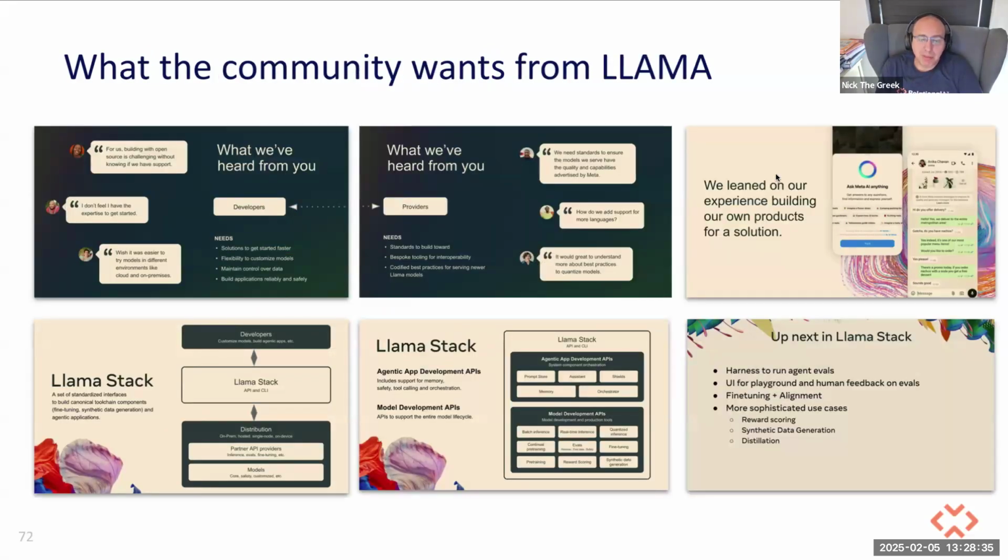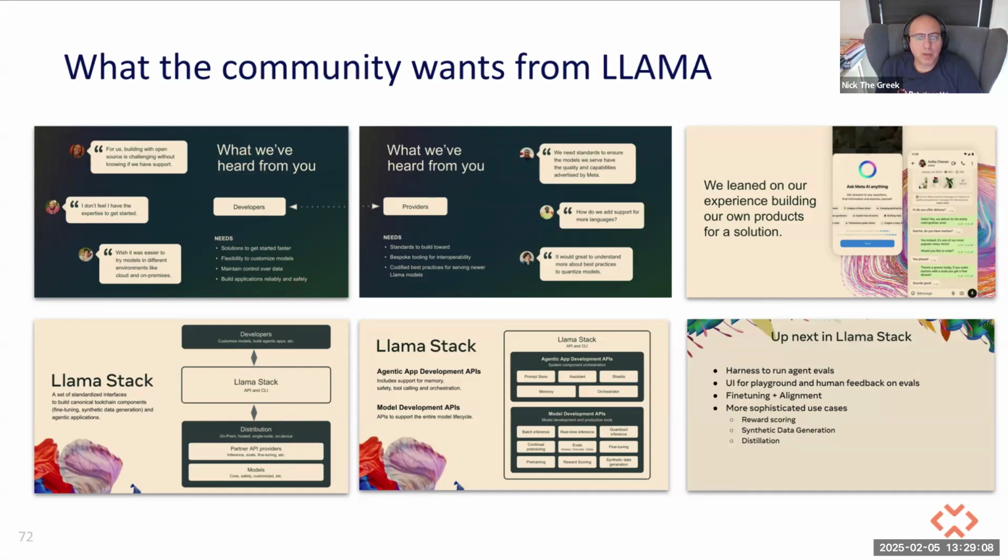And something that I really appreciated is that they basically tell you what they heard from the customers and basically the developers. And they said solutions to get started faster, flexibility to customize models, maintain control over data, build applications reliably and safely. And these are the providers, probably the people who offer Llama, I don't know, like Snowflake, Together and others.